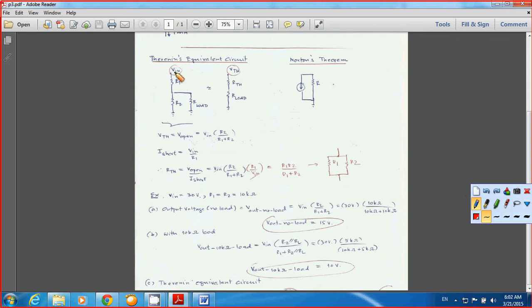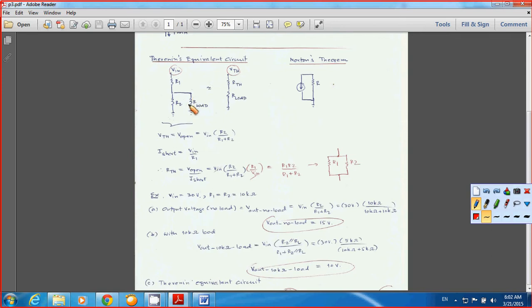Now take a look at the circuit here. How do you get VTH and RTH from the actual circuit with R1 and R2? VTH is equal to Vopen. What does Vopen mean?